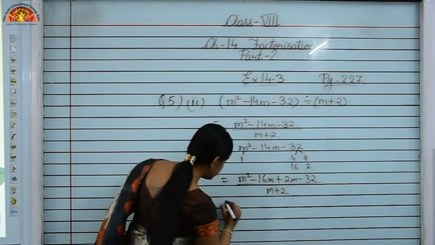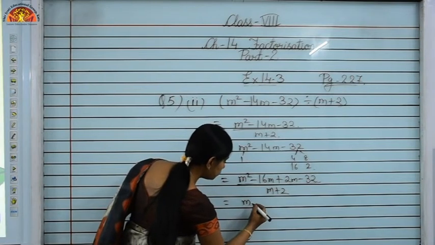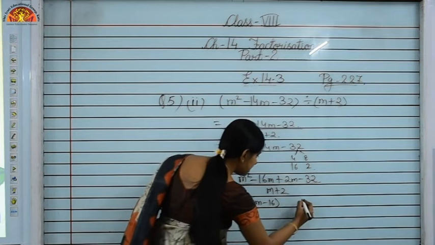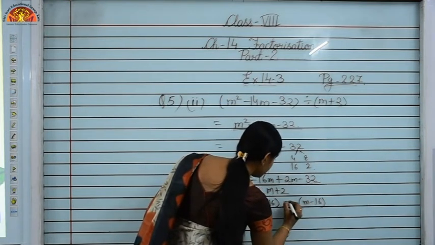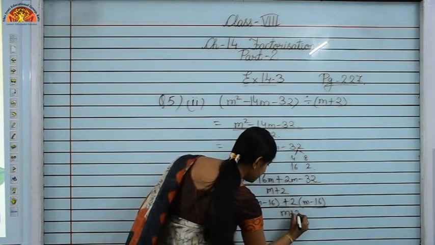Now you can just take out the common factors, that is m into (m minus 16). Similarly here (m minus 16) into plus 2, whole upon m plus 2.